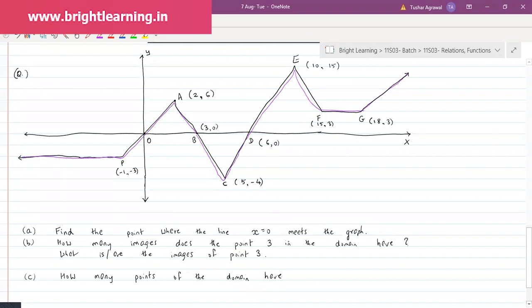First, write all the questions. How many points of the domain have their images as -4?